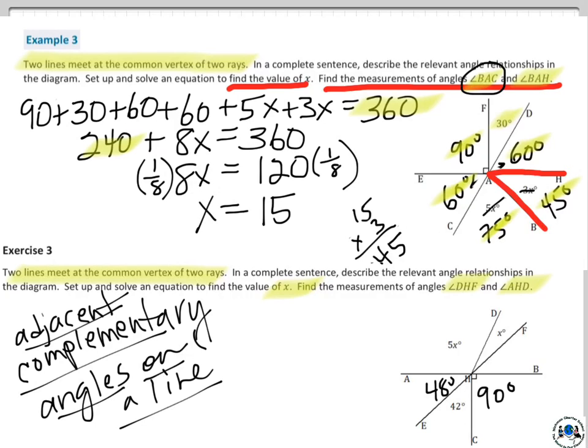But again, as these are two lines here that cross, intersect right there, we know, therefore, that these are going to be vertical angles right there, these two. So we've used the vertical angle relationship.